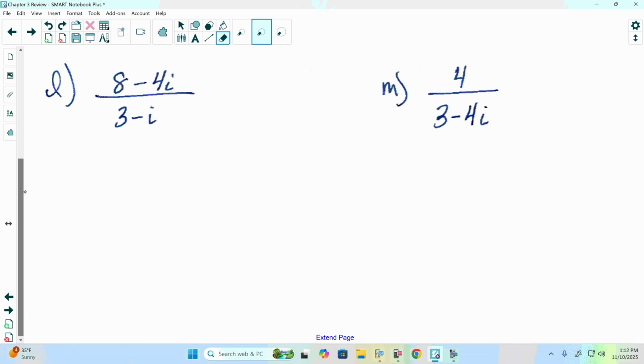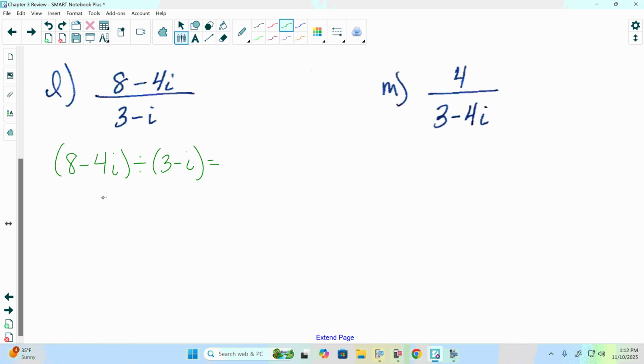Now, L and M, we can type these into the calculator, but if we do, we have to change it to the numerator divided by the denominator, the top of the fraction divided by the bottom of the fraction. And we type this in.